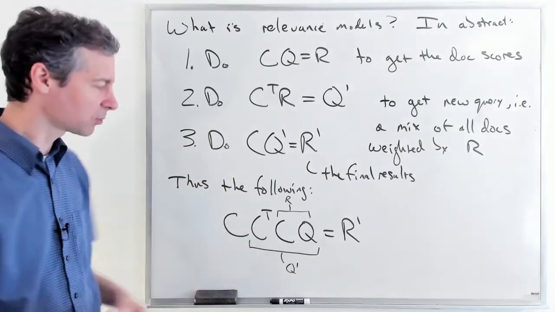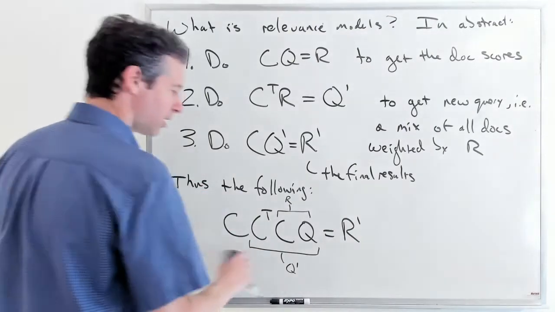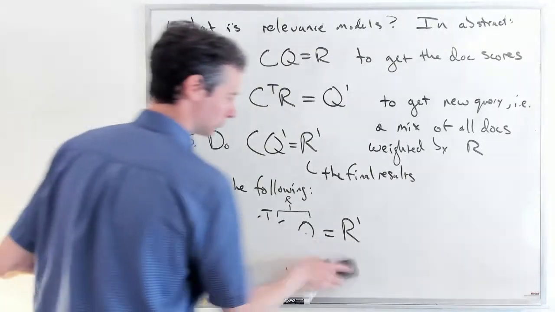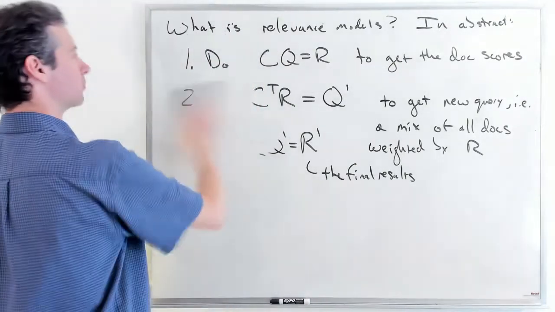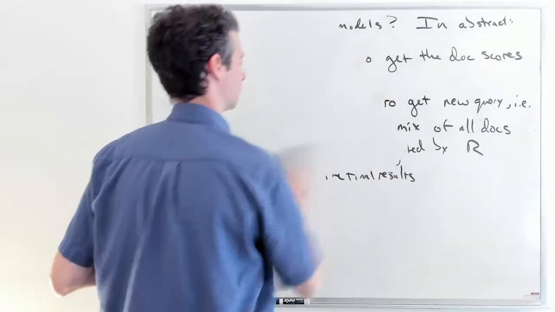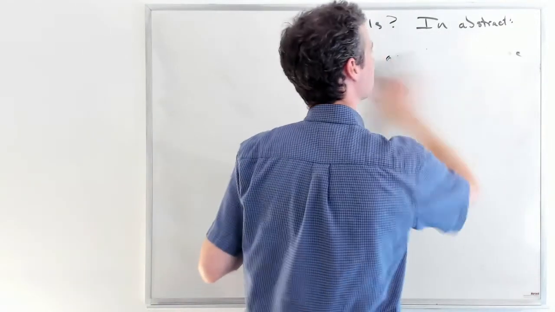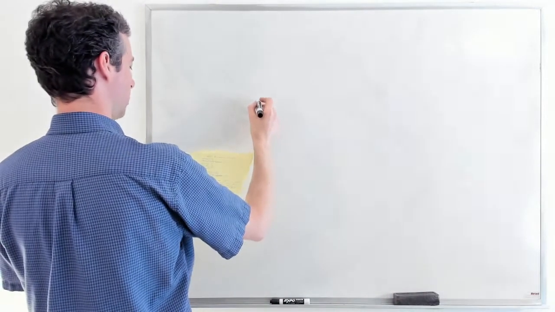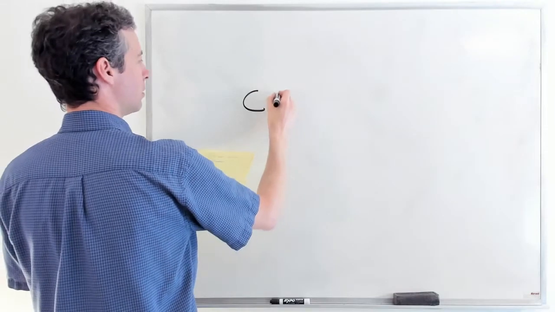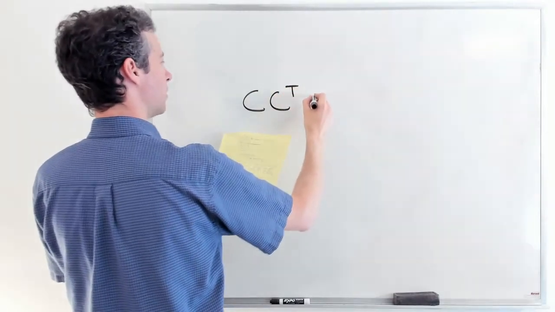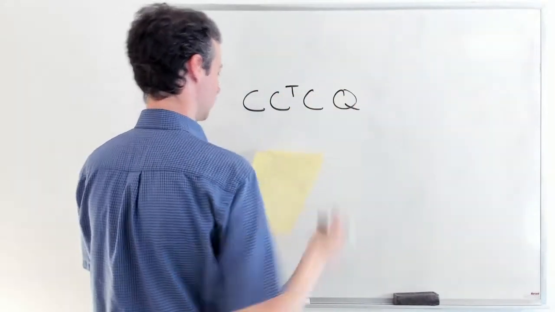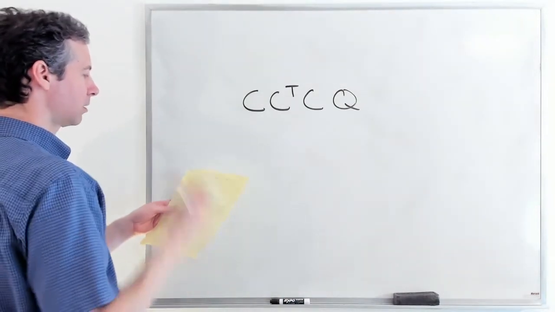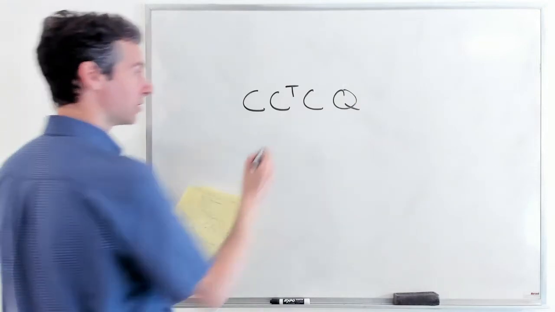So if this is what we're doing with relevance models, what's interesting is we can actually tear this apart a little bit and see some different stuff in it. So let's go ahead. C transpose C, C, and Q. All right. Now, what are some of the interesting things that we have here?